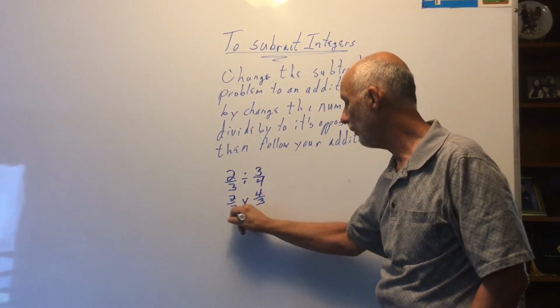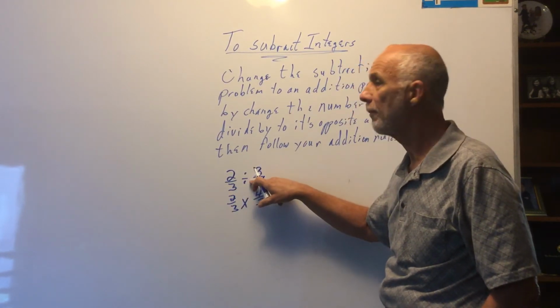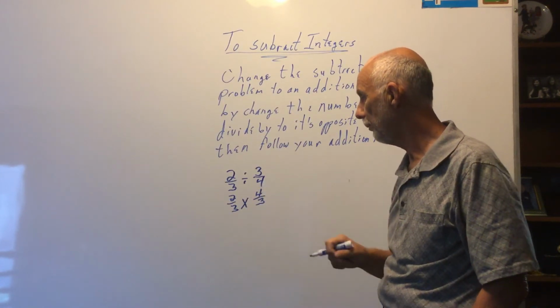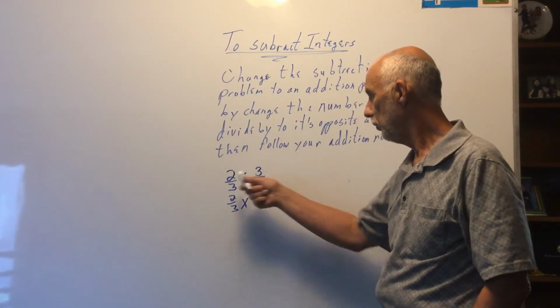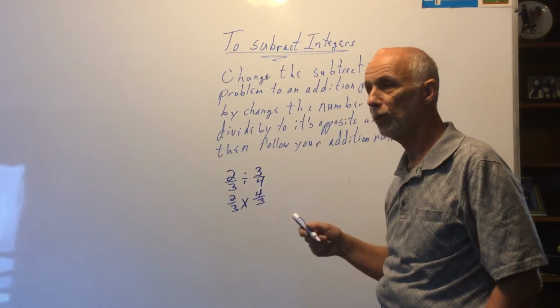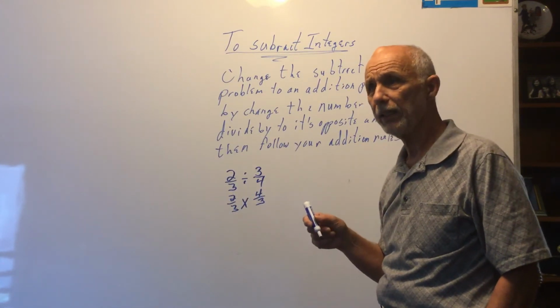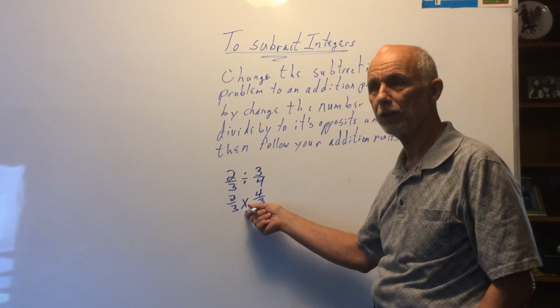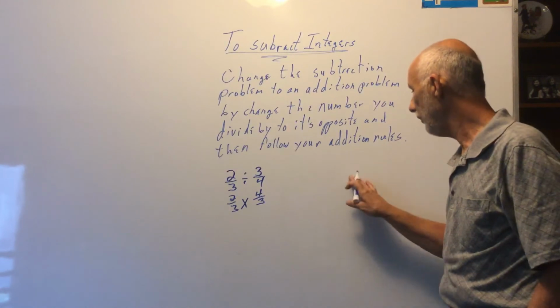So I did the same thing. I changed from an operation to its opposite operation by giving the reciprocal. So 2/3 divided by 3/4 is the same as 2/3 times 4/3. And nobody in here would ever try to do this without changing it to this first. So it's the same thing here.